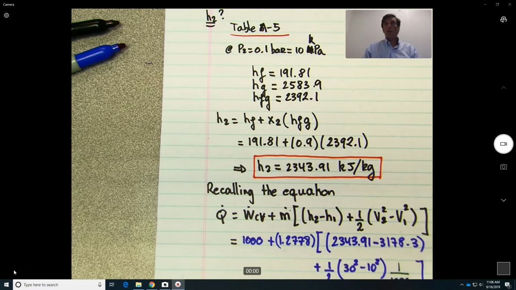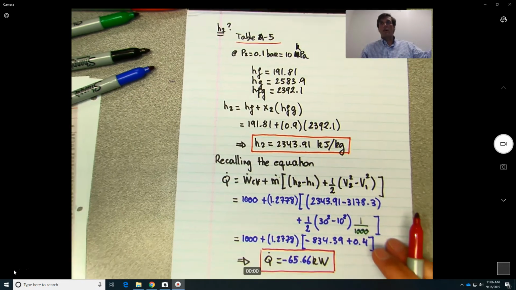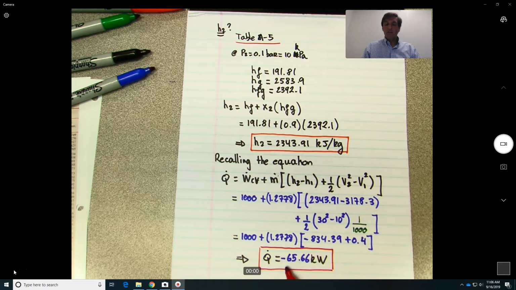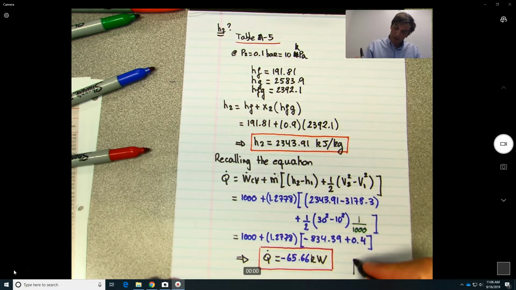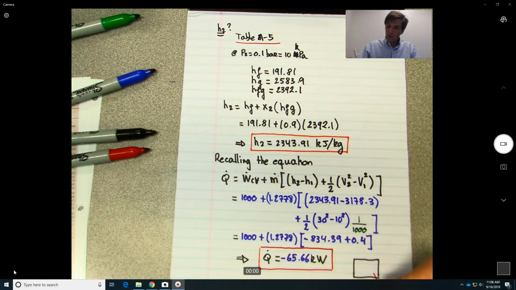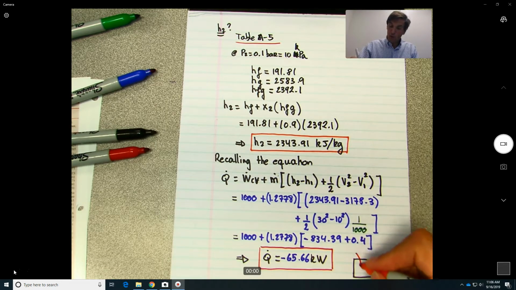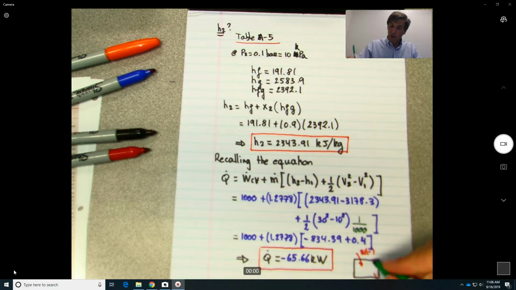Now the question here is, is this value correct or not? If you remember, for our sign convention, the work coming out of the system is positive, the work going in is negative. But for the heat, we have the other way around.